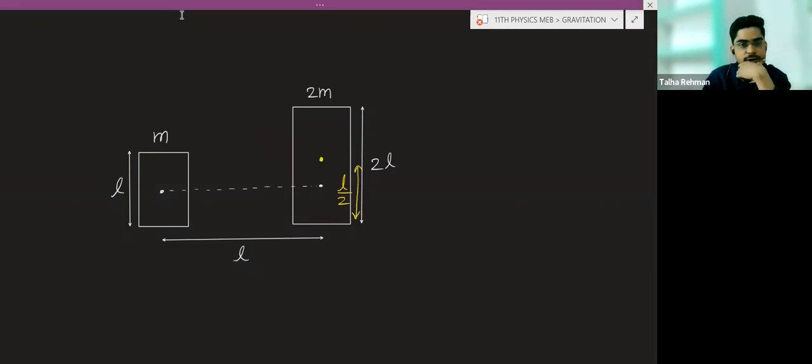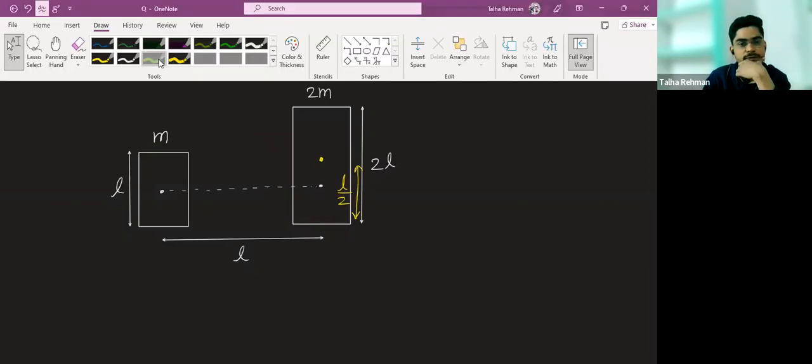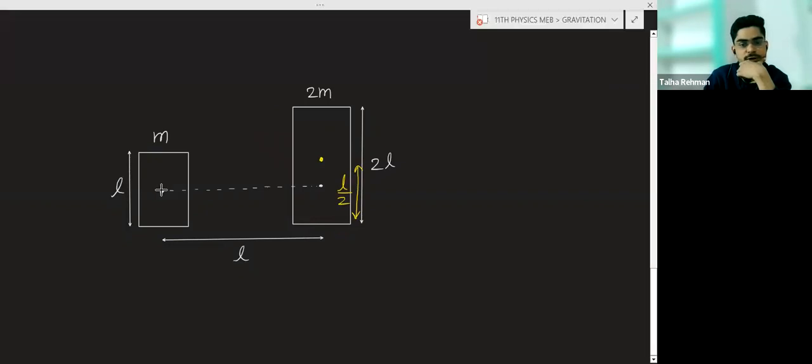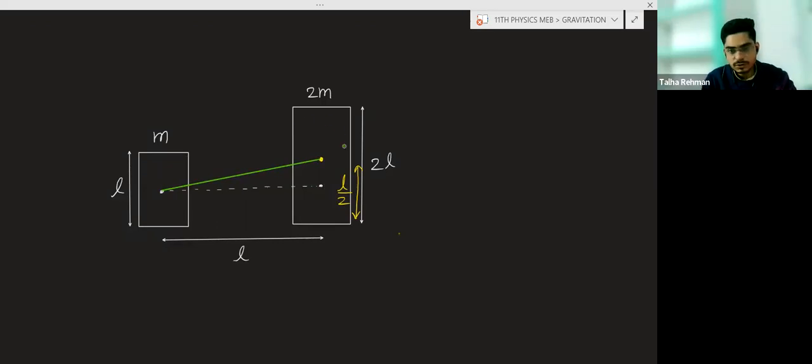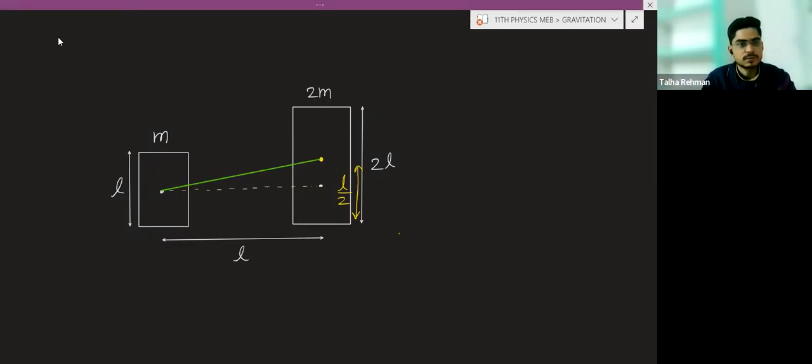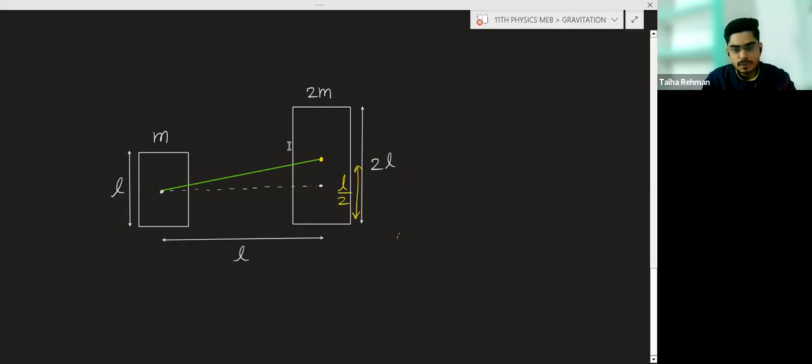Basically, this distance is required. How did you get L? Because you can see this figure. The whole length is 2L.